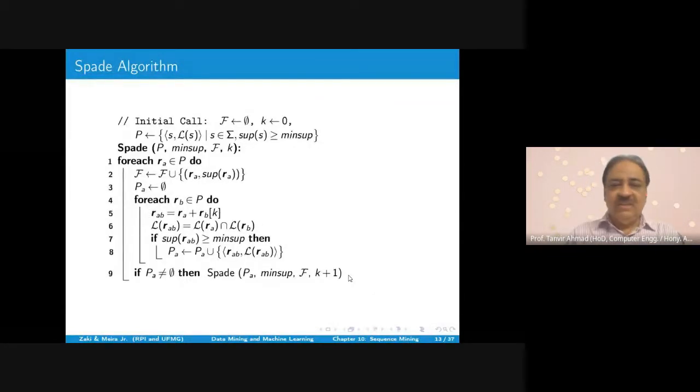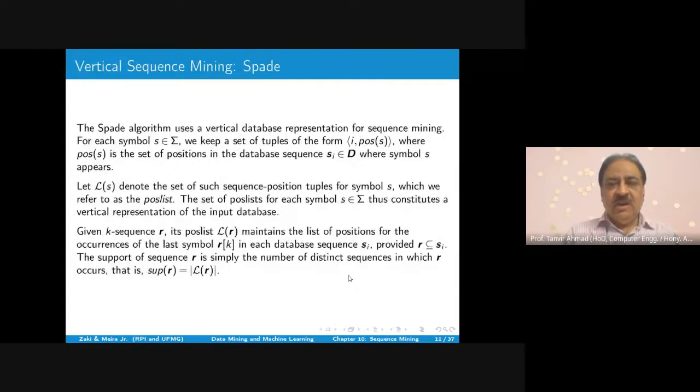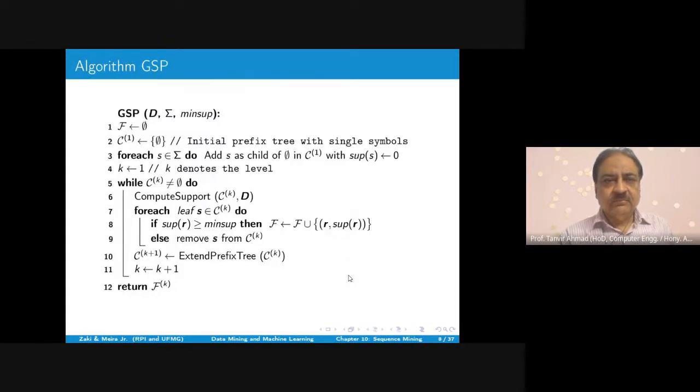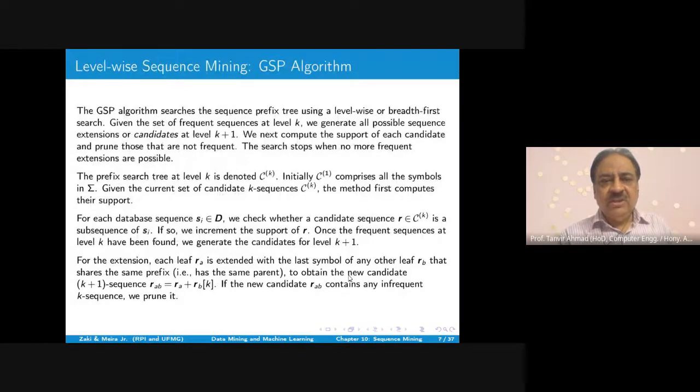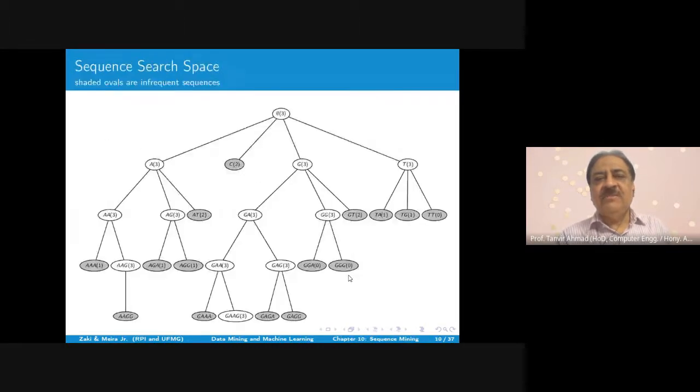Now this is the algorithm which we have just discussed. You don't need to remember this algorithm because there is no need to learn it by heart. The only thing is that I am applying it with 4 parameters. If you remember the last algorithm, GSP, I was doing it with D, the set of symbols, and the minimum support.